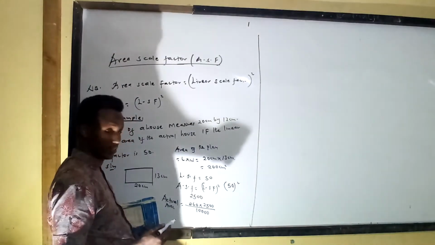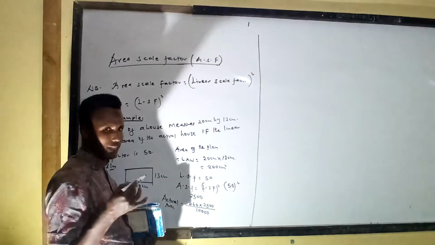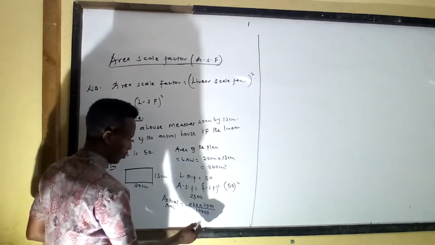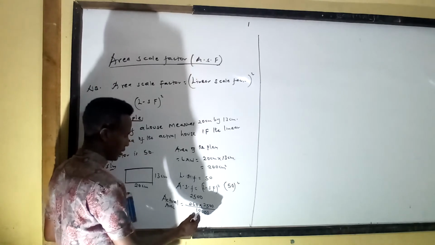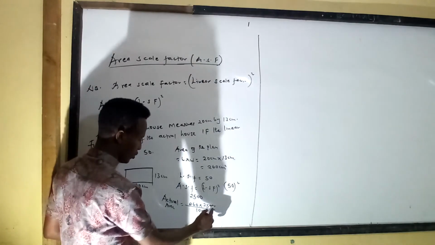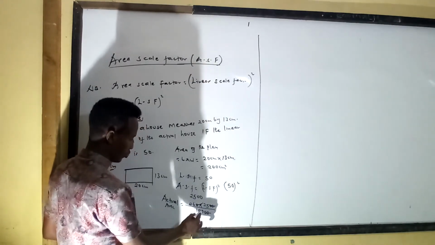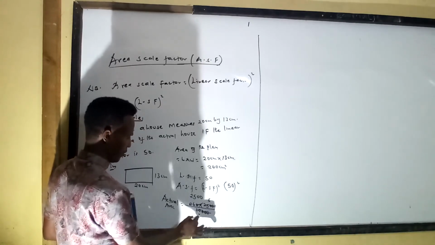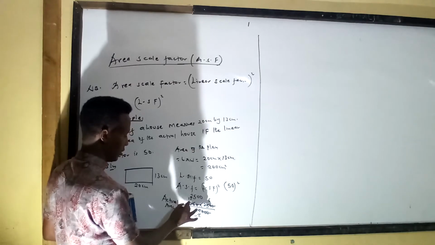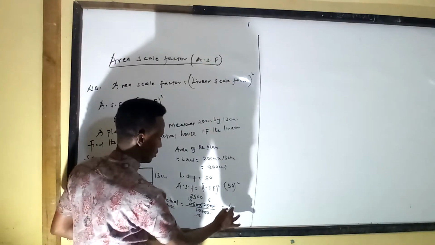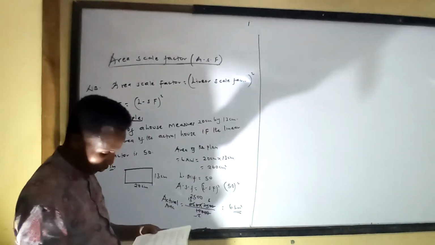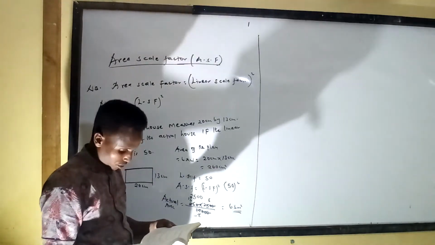And don't forget that, because the actual area can either be in kilometer, in hectares, or in meters squared. So from here we cancel these two, and cancel also this one with this one. Then 13 times 5 is 65 meter squared. That will be the final answer for your information.